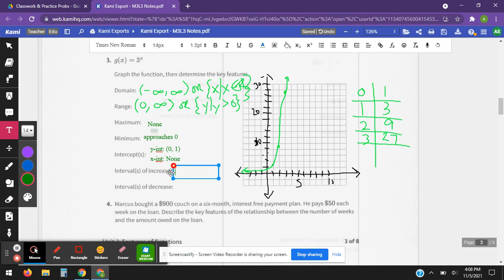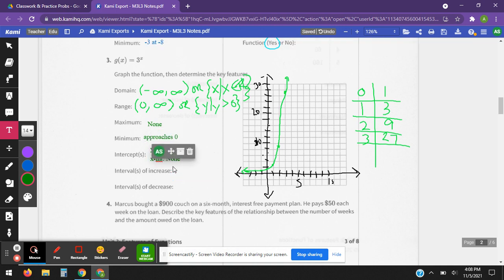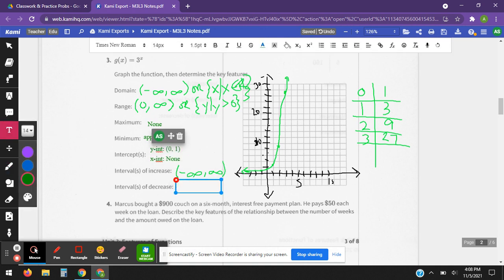Well, as we go left to right, it is always increasing. So that's our negative infinity to positive infinity, right? All the time. And decrease, we have no decreases. So a little bit different on that one.